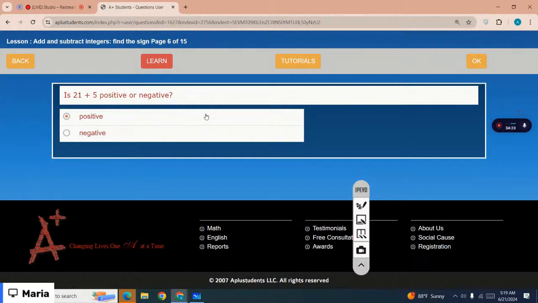If both the numbers are positive, the answer is positive. If both the numbers are negative, the answer is negative, right? That is for adding. When you are adding two numbers with different signs, you have to put the sign of the number that is greater in magnitude. These rules are for adding integers. The correct option is positive.